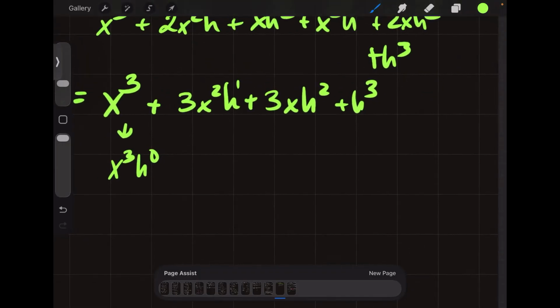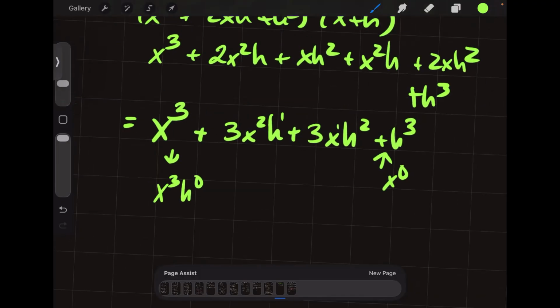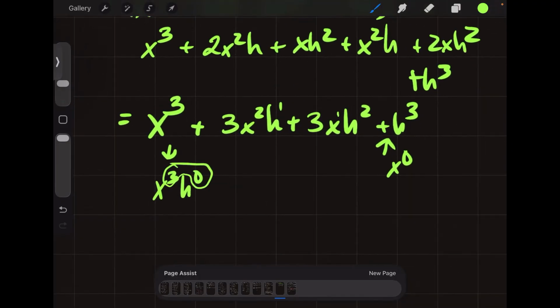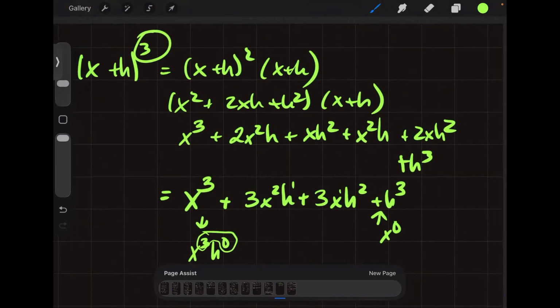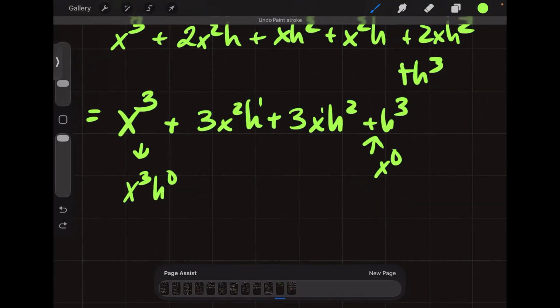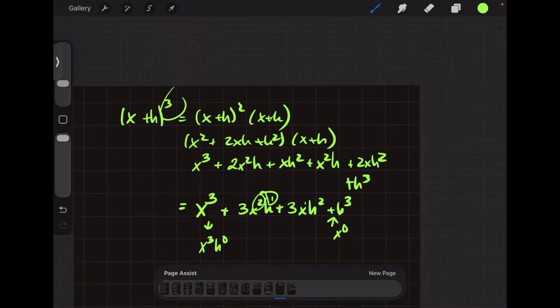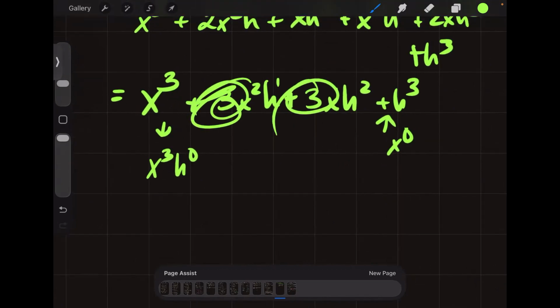This is x squared h to the first. This is x to the first h squared. This is technically x to the 0 h to the third. If you add these exponents up, they add up to 3: 2 plus 1, 3. 1 plus 2, 3. 3 plus 0, 3. And then you're going to have some random coefficients living out here. It's not important what they are.